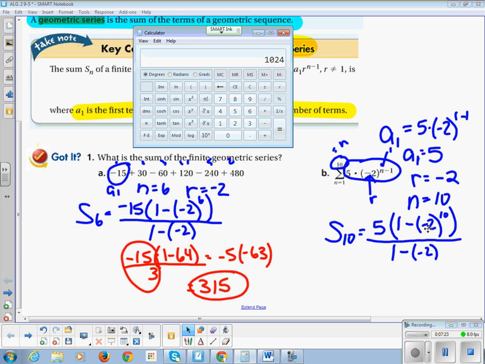Since this negative 2 is inside parentheses and it's being raised to the 10th power, I know my answer is going to be positive. So this is 1 minus 1024. And then my denominator is 1 minus negative 2, which is the same as 1 plus 2, which is also known as 3.